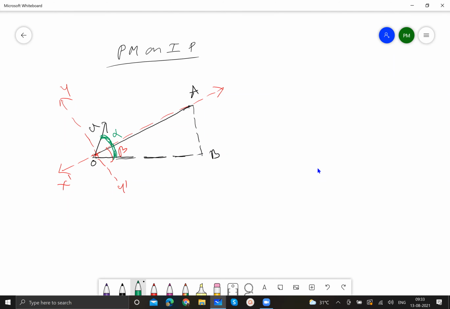Find the maximum range. It can come as a problem also. Standard concepts.